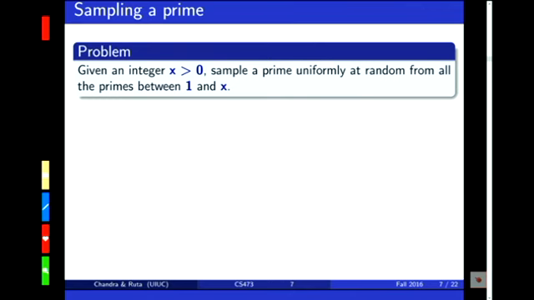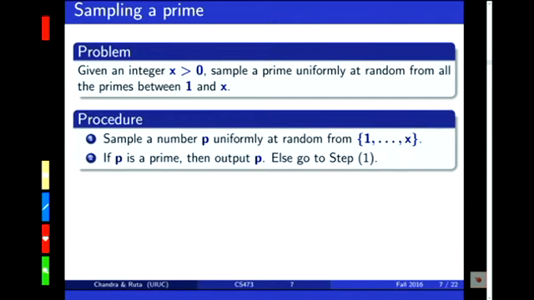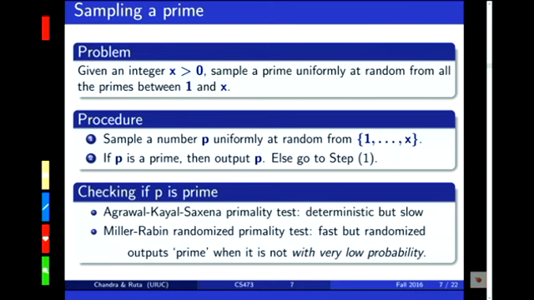So what if I do this? I sample some number uniformly at random between 1 and x and check whether it's prime or not. If it is prime, I output it. Otherwise, I just repeat. So here you have to check whether a given number is prime or not.